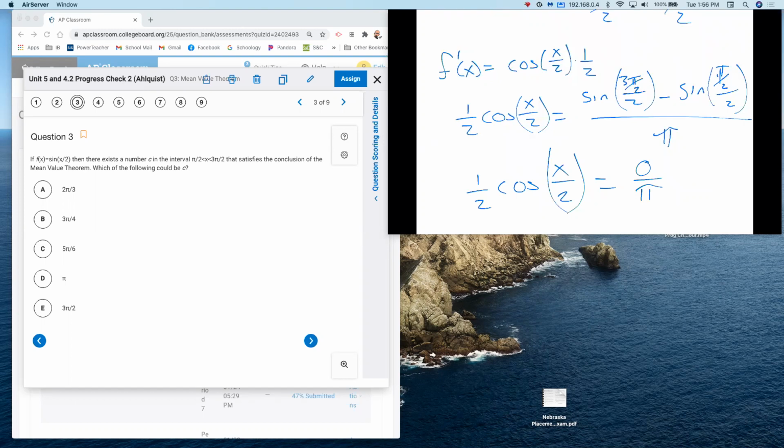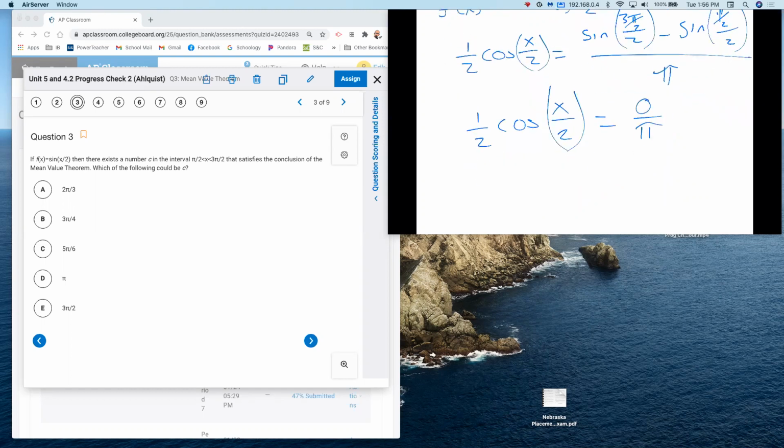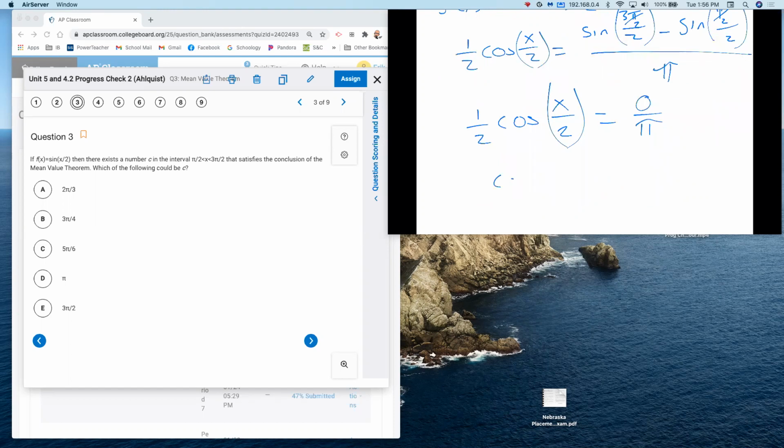Now, you might go, well, how did you come up with that? You could actually do the calculations on it, but you're going to find that you're going to get 0. So what I need to figure out is, when is the cosine x over 2 equal to 0?